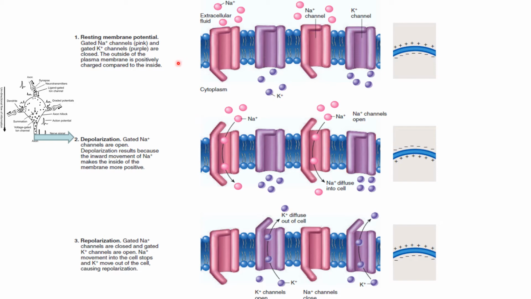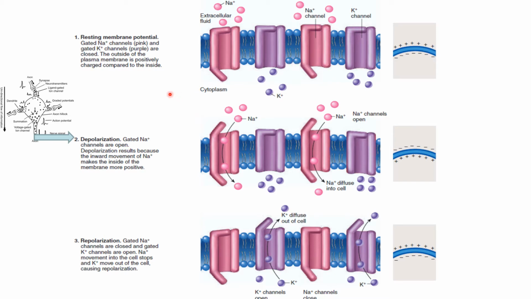So in the axon, when the membrane is at resting membrane potential, it is negative from inside and positive from outside. The sodium channel activation gates are closed, the potassium channel activation gates are closed, and the membrane is at resting membrane potential.